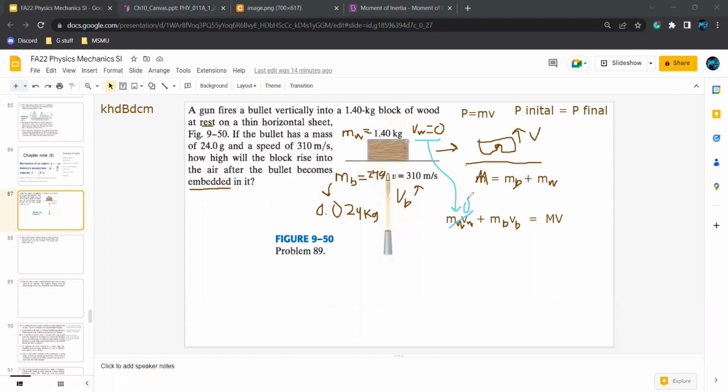So then that gives you mass of the bullet times V of the bullet is equal to total mass and final V, right? So then from there, you just simplify. What are we solving for? We're solving for how high the block will rise. How do you need to figure that out? You need the velocity to figure that out, right? So then we can divide both of these by big M.